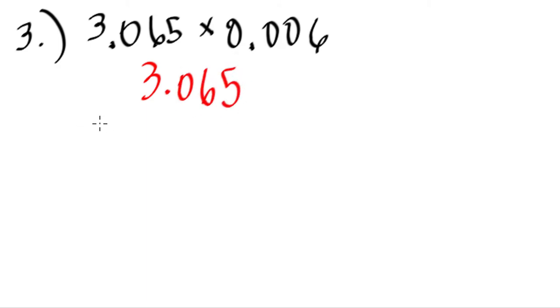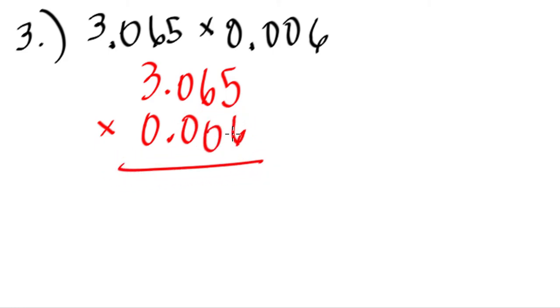3.065 times 0.006. So what do we have? 6 times 5 is 30. 6 times 6 is 36, plus 3, that's 39. 6 times 0 is 0, plus 3, that's going to give us 3.